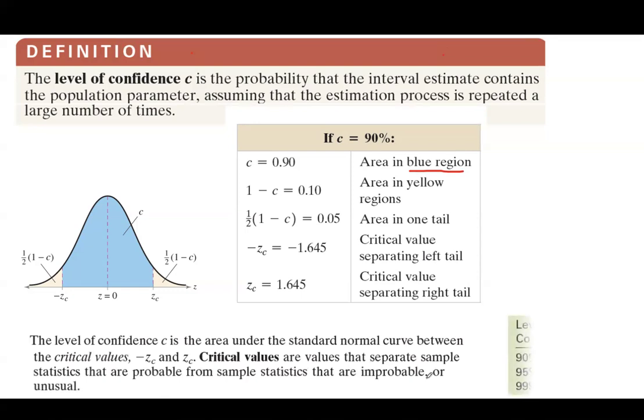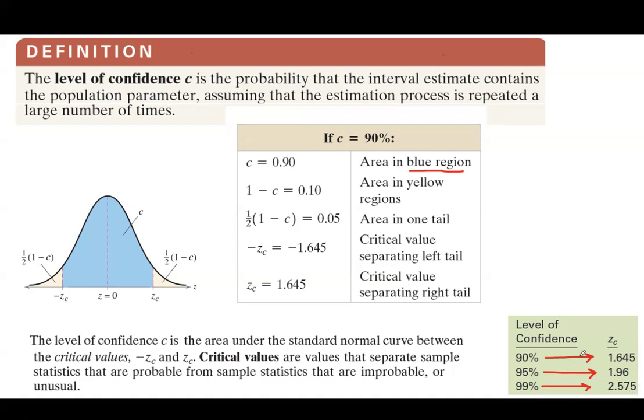We have some popular levels of confidence and also their zc or critical value. If the level of confidence is 90%, the critical value is 1.645. If the level of confidence is 95%, the critical value is 1.96. If the level of confidence is 99%, its critical value is 2.575.